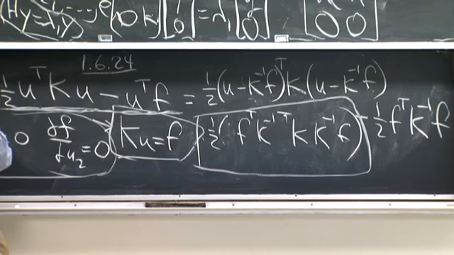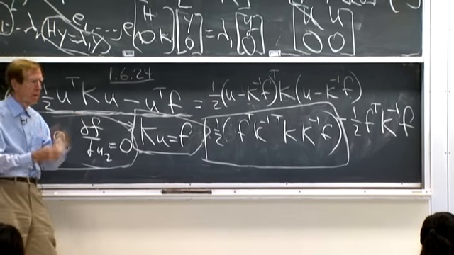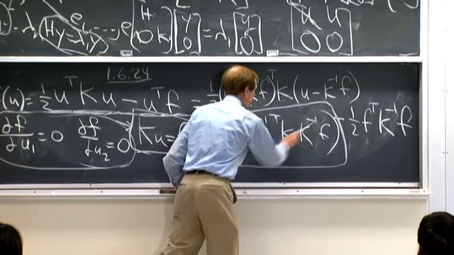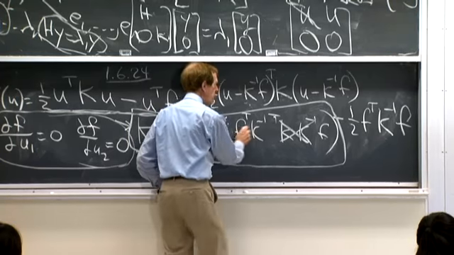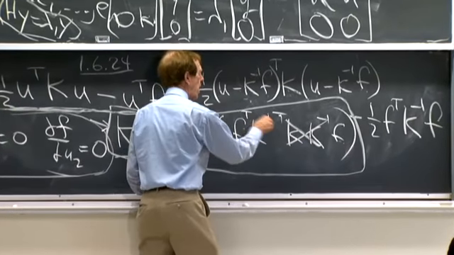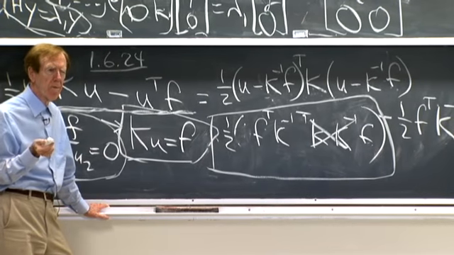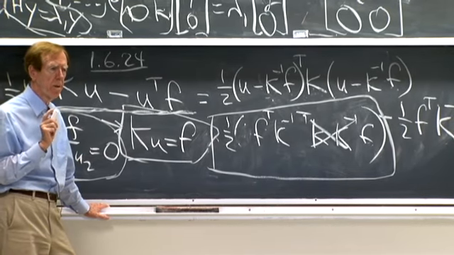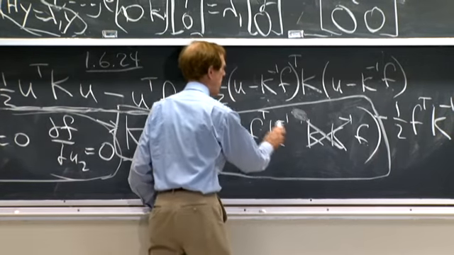What would you do with that? K times k inverse is identity, so we can forget that. And now we're there. That's 1/2 f transpose, f on this side. Oh, what's k inverse transpose? It's the same as k inverse because k is symmetric, so its inverse is symmetric, so that transpose doesn't change the matrix.